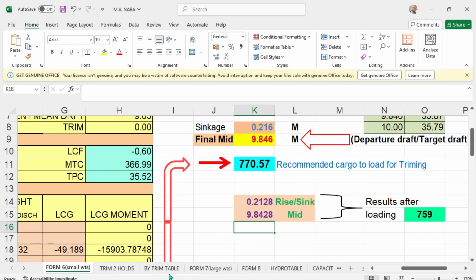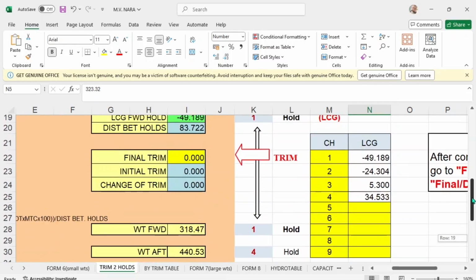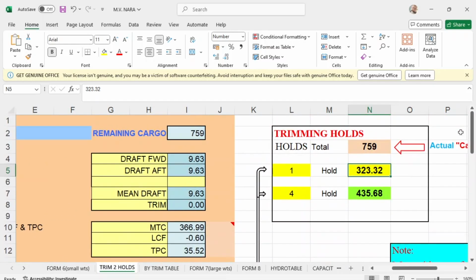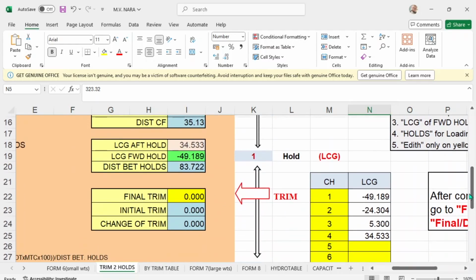But anyway, you will still get the same departure draft. So we go now to hold number 2. Same 2 holds, and the remaining cargo to load is 759. What are we going to load in number 1 when we have 0 trim?